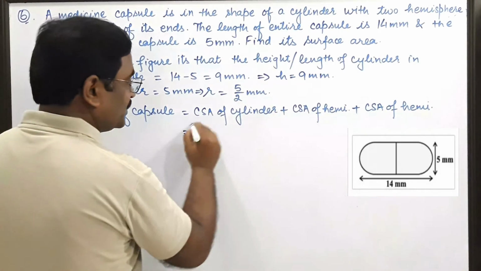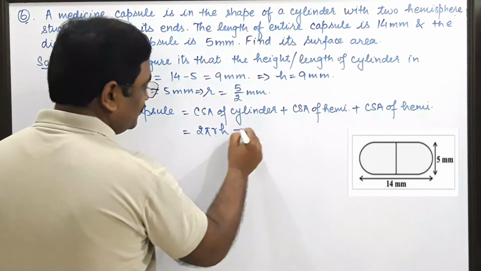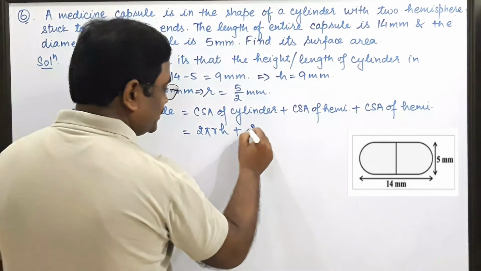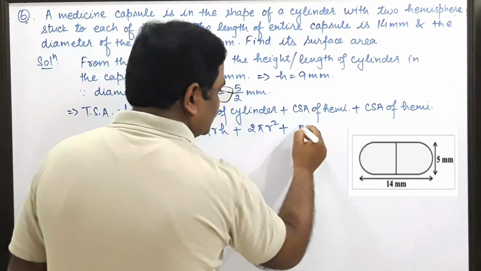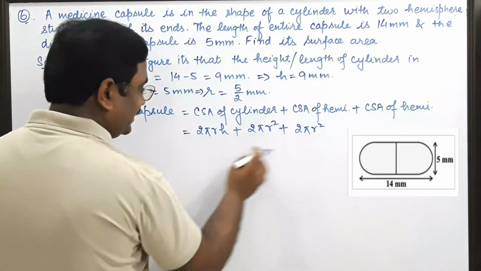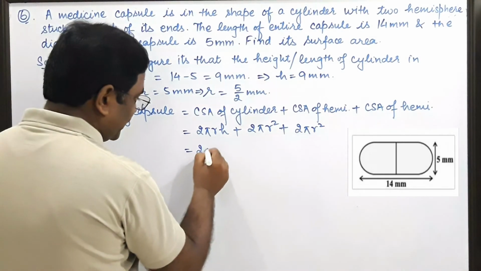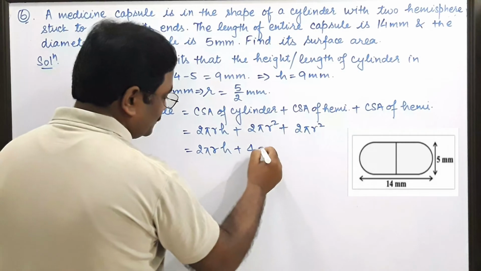So the curved surface area of the cylinder is 2 pi rh, plus the curved surface area of the hemisphere is 2 pi r square, and the other curved surface area is 2 pi r square. So this you can add: 2 pi rh plus 4 pi r square.